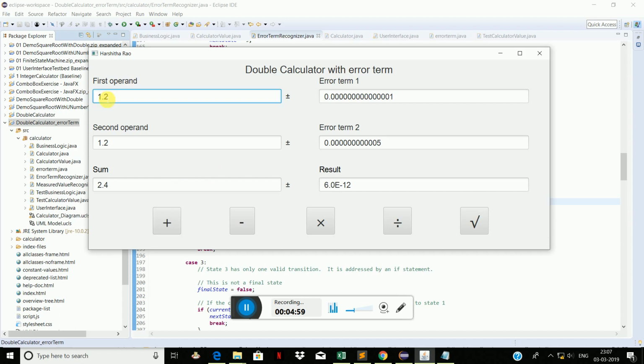Even for the measured value operands, some values beyond the limit will take the exponential form. We are giving the scientific notations.